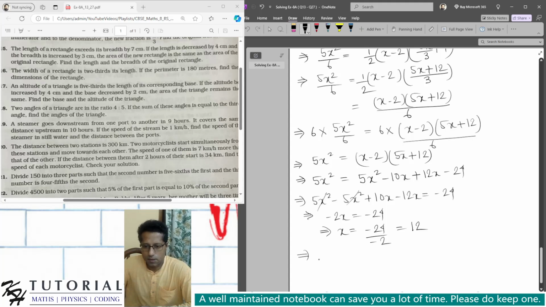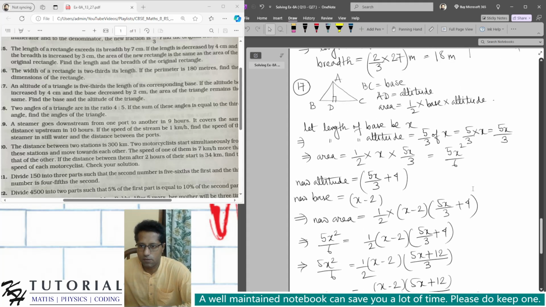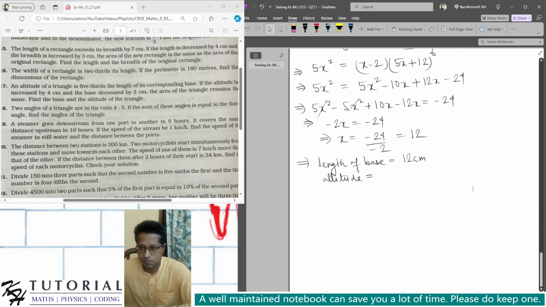The altitude was 5 third of the base, that is 5x by 3, and x is 12. So it will be 5 by 3 multiplied by 12. This is 20 centimeter. So the base is 12 centimeter and the altitude is 20 centimeter.